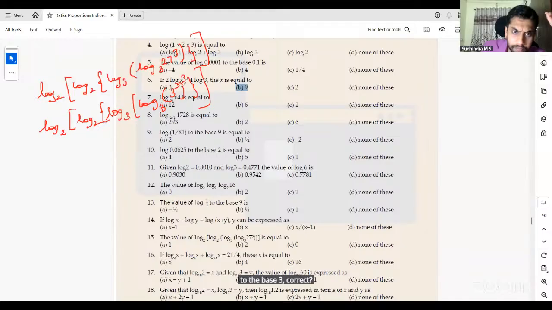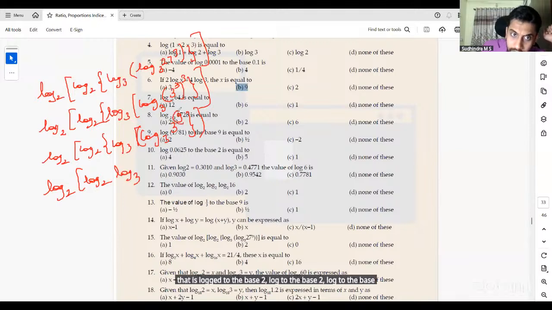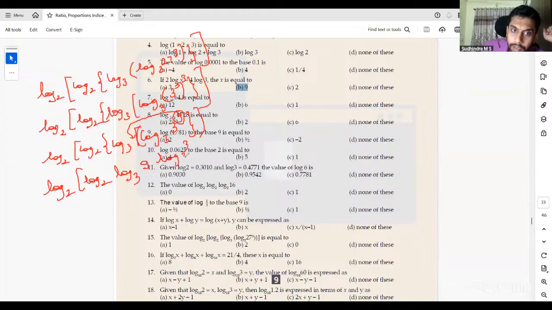That's what we get. So log to the base 2, log to the base 2, log to the base 3. Here, this is log 3, 3 into 3 is 9 to the base 3. That is log to the base 2, log to the base 2, log to the base 3. This 9 comes out. 9 into log 3 to the base 3.